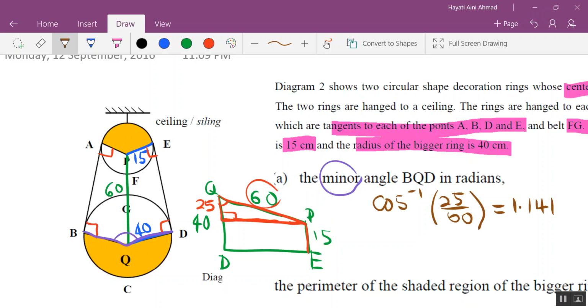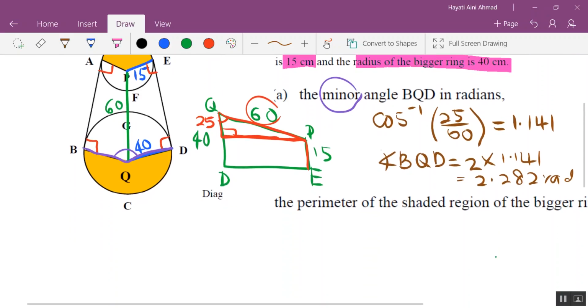Since the question asked about angle BQD, then it should be 2 times 1.141, which is 2.282 radian. Okay, that's settled.